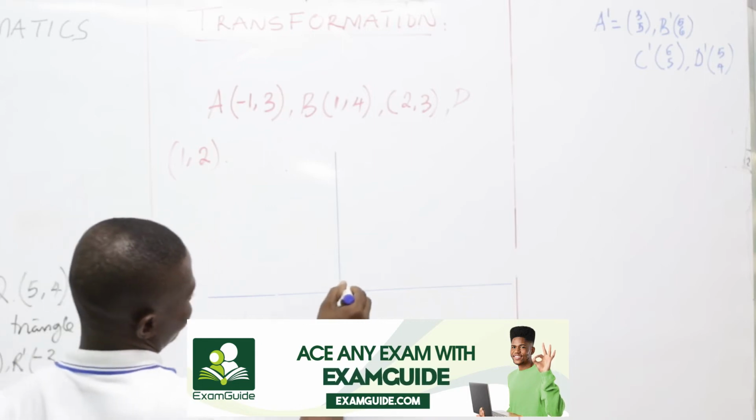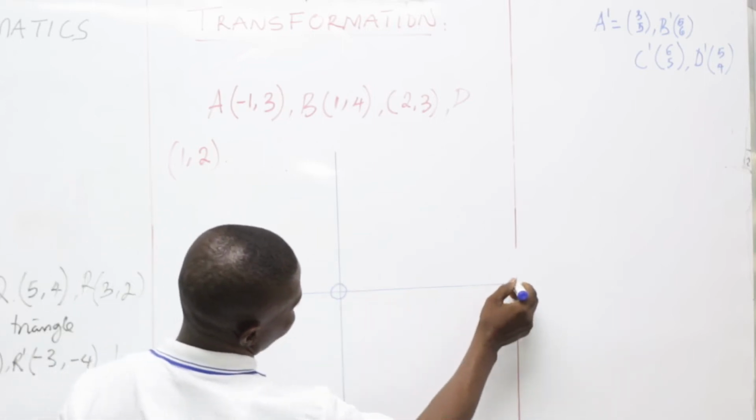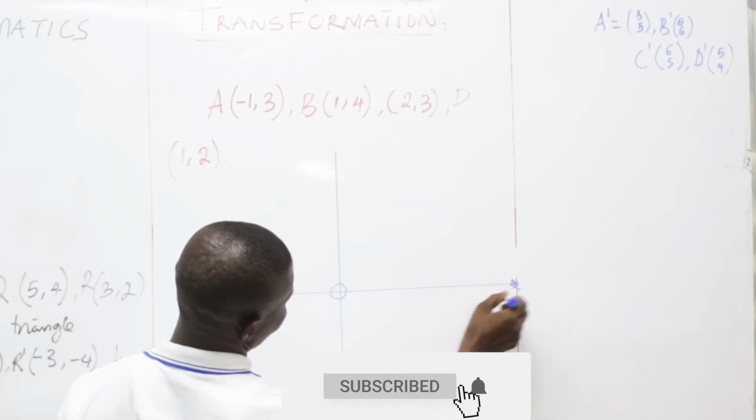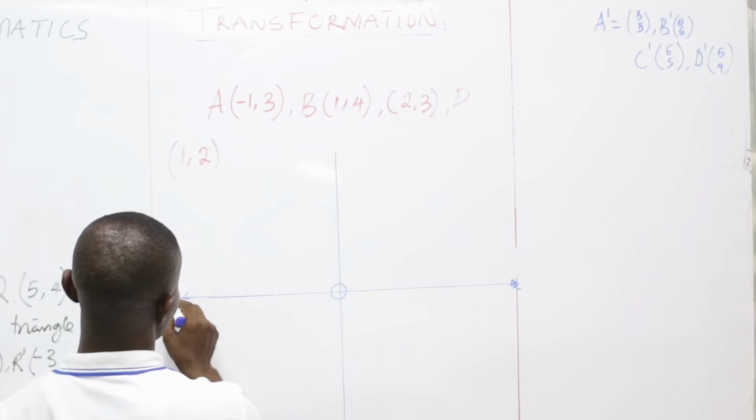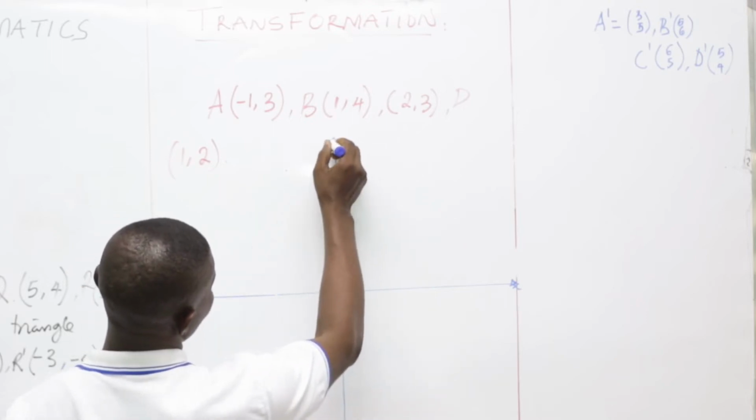The origin of the graph is the point of intersection. This is the x-axis, y-axis, x negative, y positive.